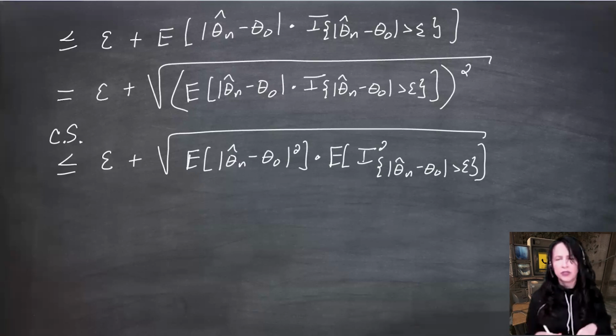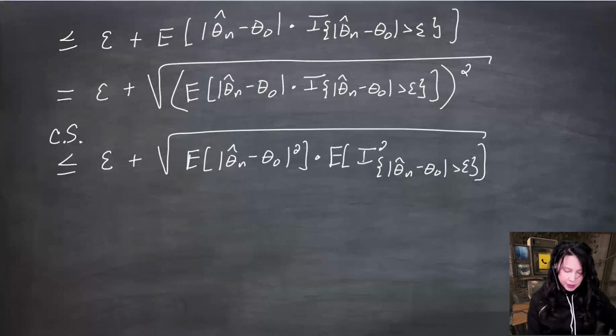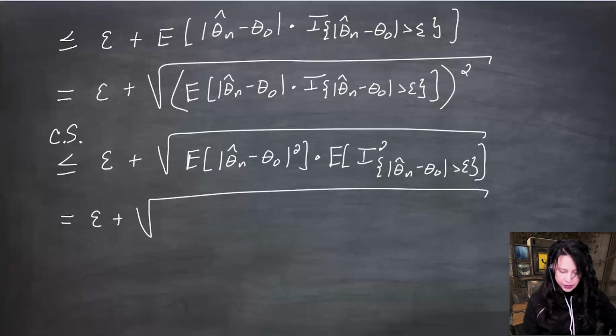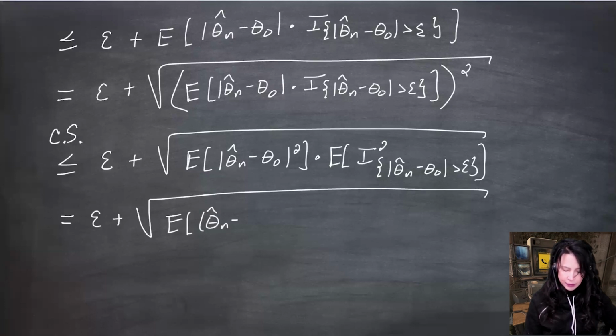I'm assuming things are scalar here, so this is just an absolute value. If that quantity is going to be squared, I don't even need it. I'm going to rewrite this line as epsilon plus the square root of the expected value of theta n hat minus theta naught squared times, now this one I'm going to rewrite.